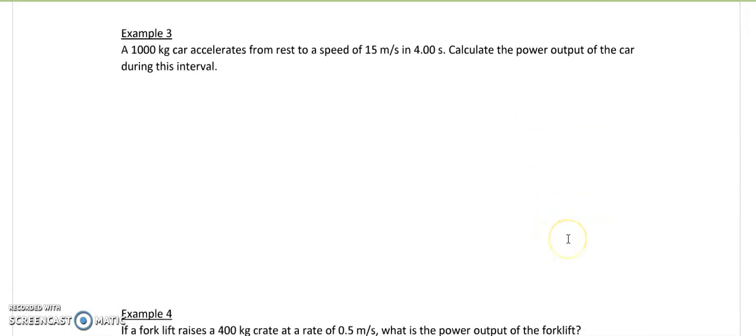Our third example, we're not given a distance. What we're given is an initial velocity, a final velocity, and a time. We've got the mass of the vehicle, which is helpful, and so we're going to need to find both the acceleration and distance.